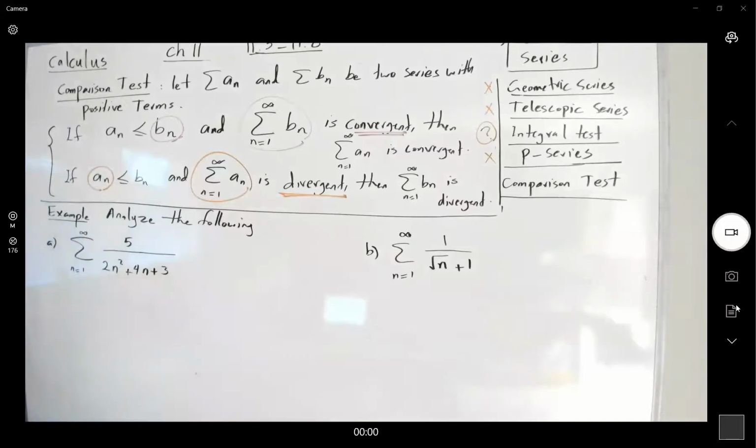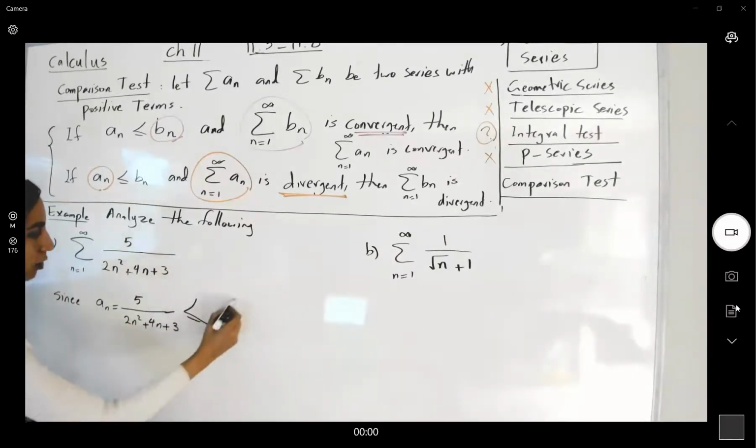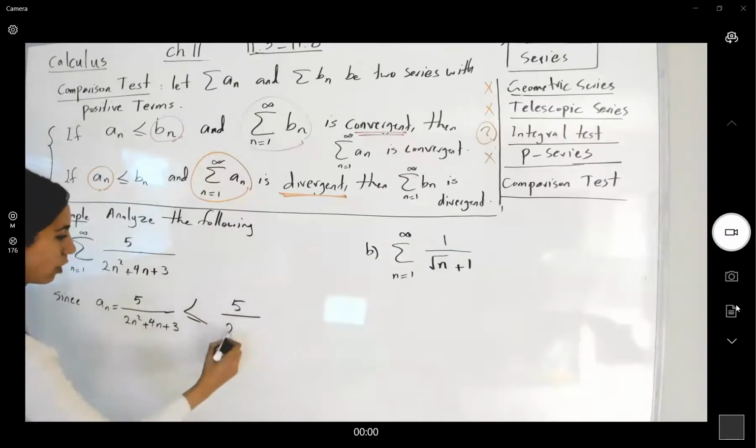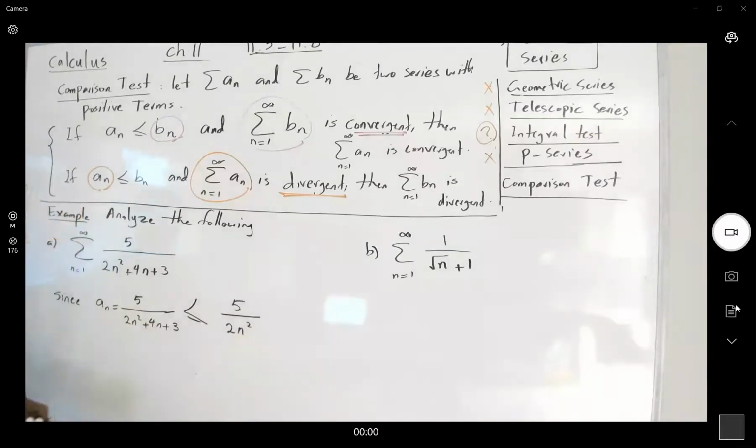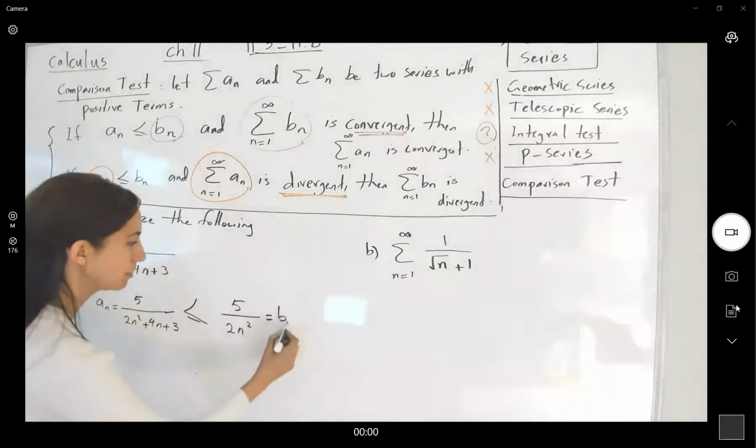So since AN, which is this series here, 5 over 2n squared plus 4n plus 3, is less than or equal to 5 divided by 2n squared. This is your Bn.